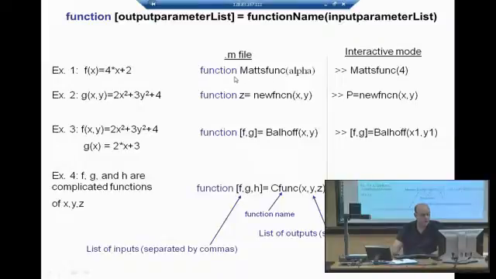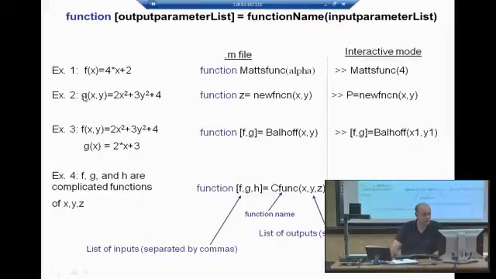Then I would write f is equal to 4 times alpha plus 2, because alpha is the name of the input. Then when I call it, I would say matsfunc of 4. 4 would correspond to alpha.